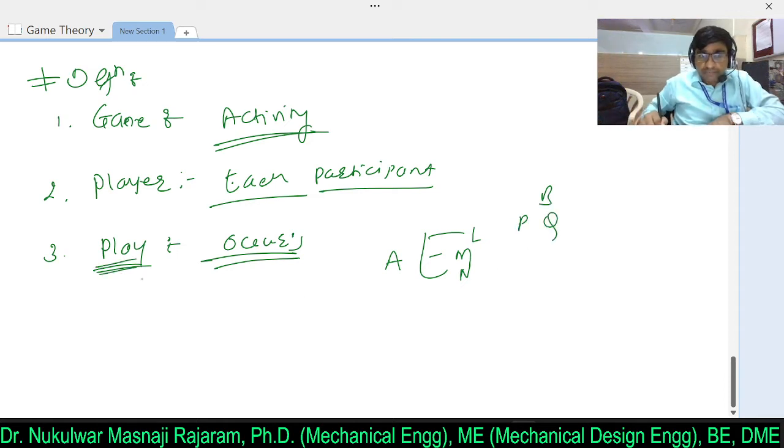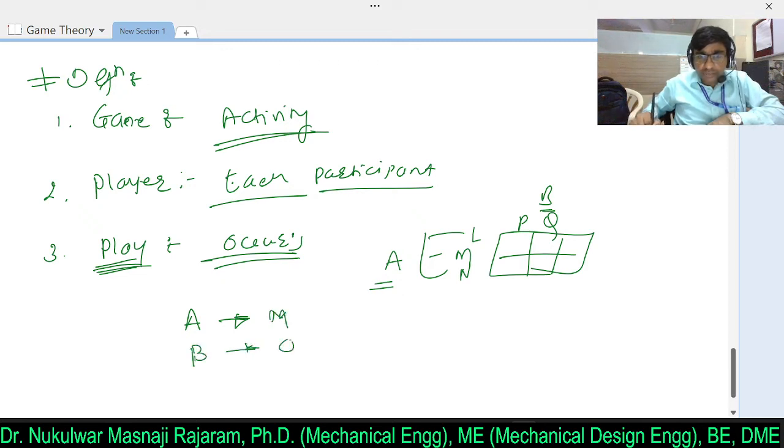Two players are there. Let's say this is a game. Whether we can say play, no. When A chooses any one of the activities and B chooses any one of the activities, and it is occurring, then we can say it's a play.